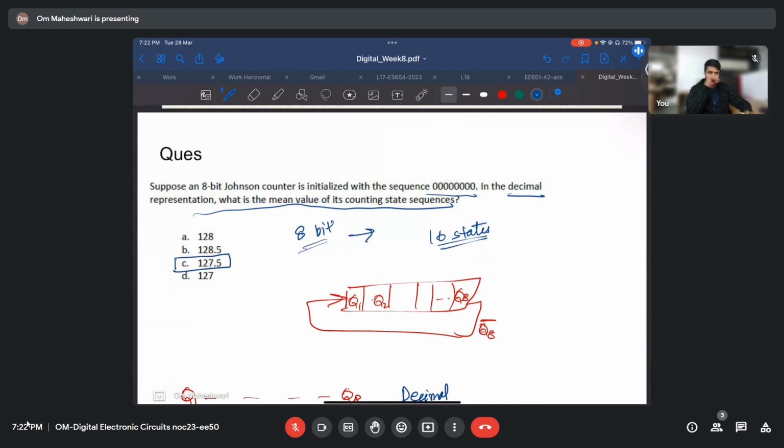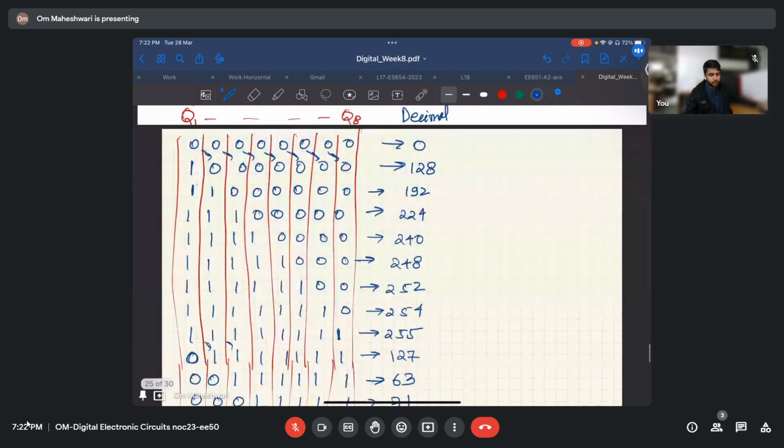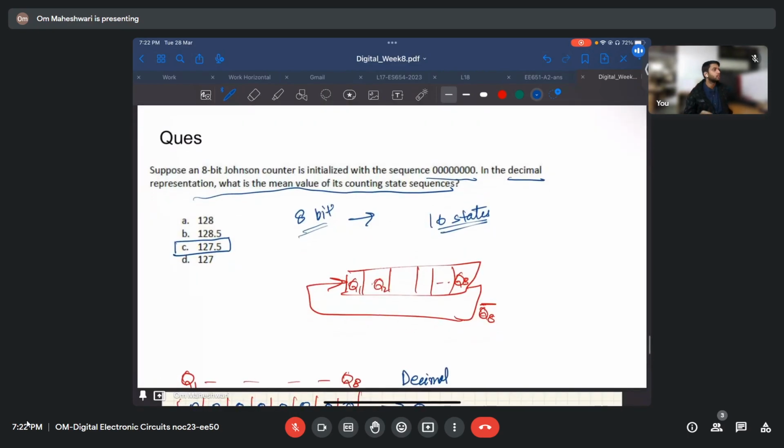All the answers are very close, so you need to be careful while solving these. Hope it is clear. It was a very simple question. We had already seen it many times.